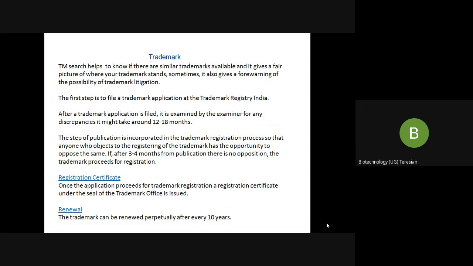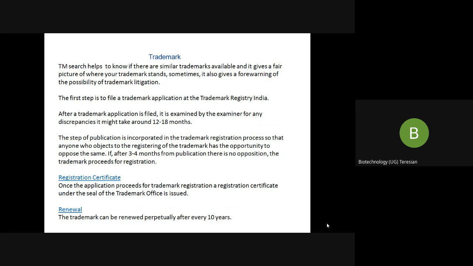So once the trademark office finds no discrepancy in your registration of your trademark, they publish it. So when it is published, the entire community or the entire world can come to know what your trademark is. And suppose I am in one country and someone in another country comes to know that this is the same logo that I have, then he can file an opposition.